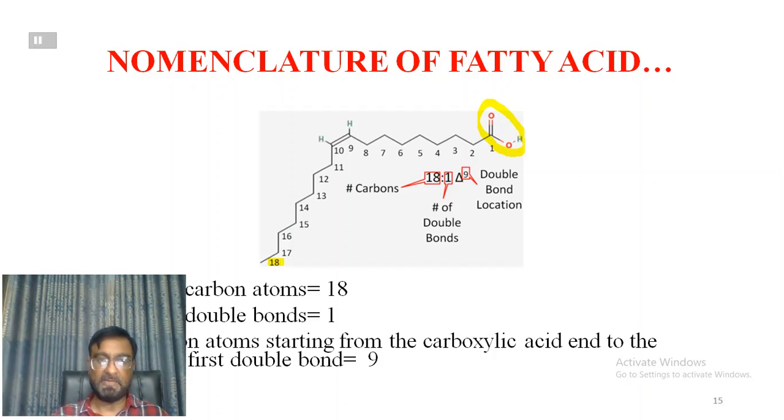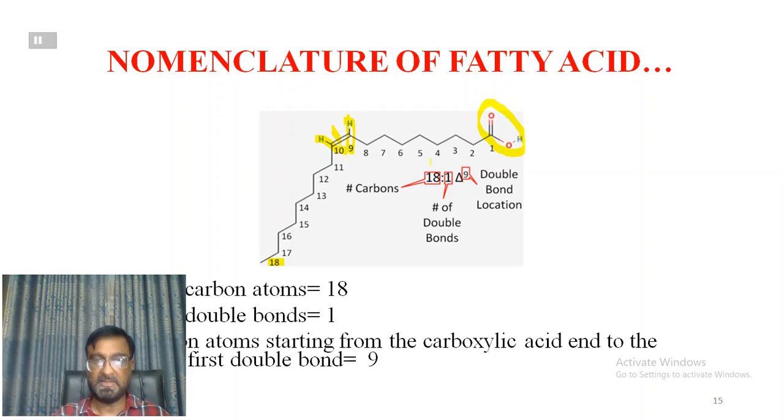All of them are single bonds, but at the ninth and 10th carbon position, there is a double bond. This is the double bond. So it's a monounsaturated fatty acid containing one double bond.